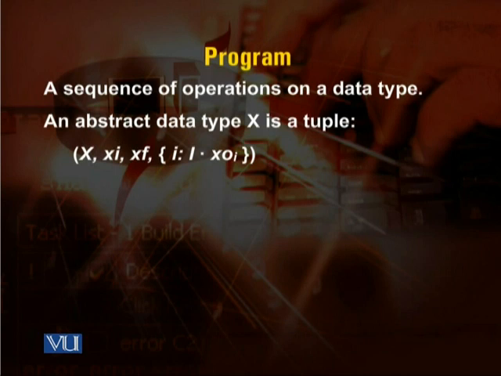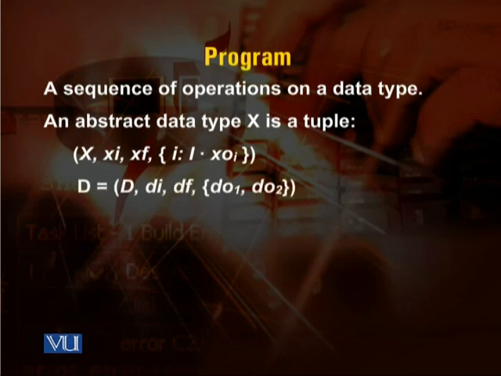Those operations are XOi. We can have any number of operations, so each operation is indexed by this i: XO1, XO2, XO3, and so on. Those are our operations. That was an abstract representation of an abstract data type. Now let us look at a concrete data type.